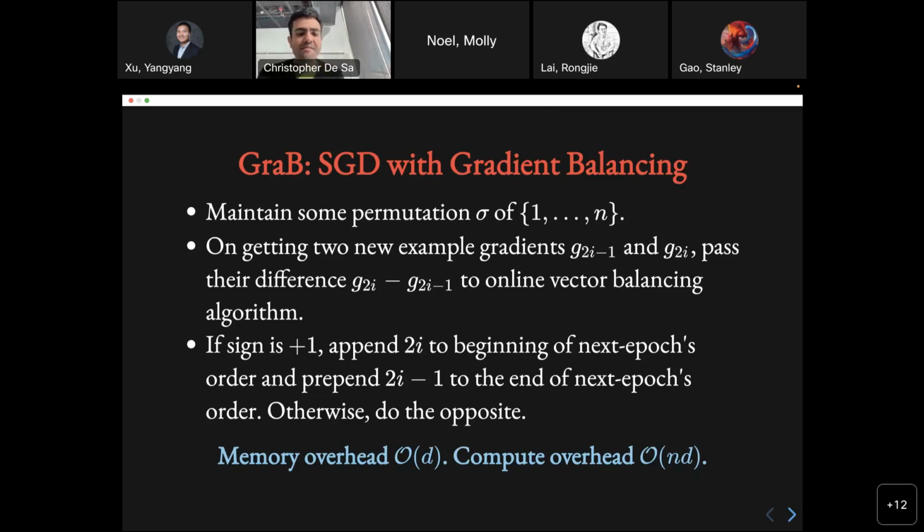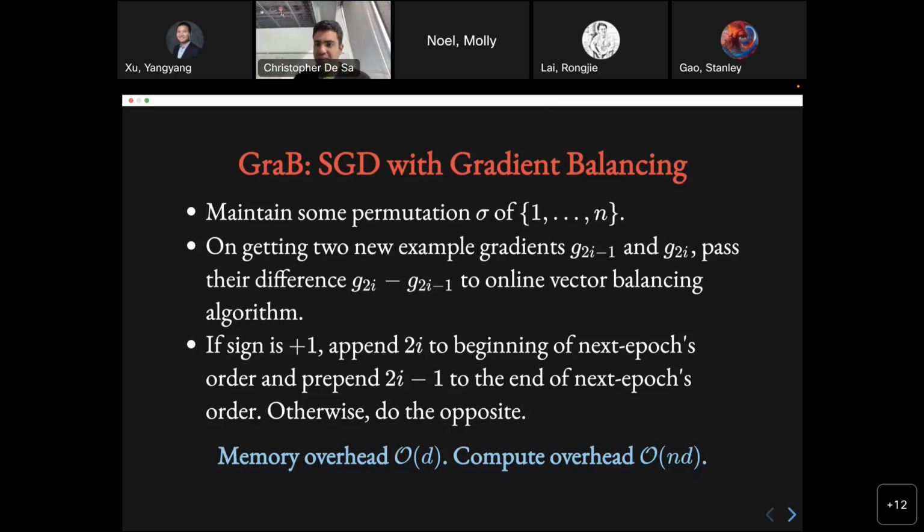And then if the sign is +1, we append that example to the beginning of the next epoch's order and prepend the first example to the end of the next epoch's order, and otherwise we do the reverse.